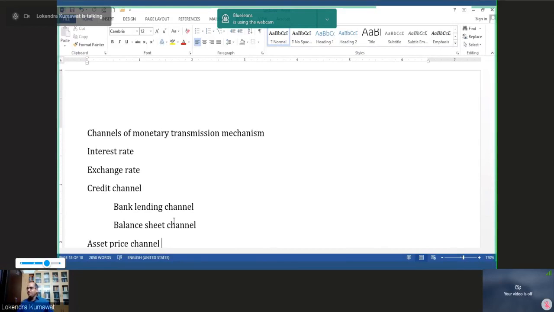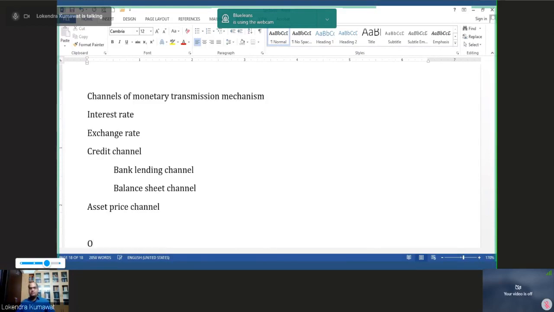Finally, let me come to the operating procedures of monetary policy. Operating procedures is basically about the action: what are the variables that the central bank affects, and when taking the action, what are the variables that the central bank targets.